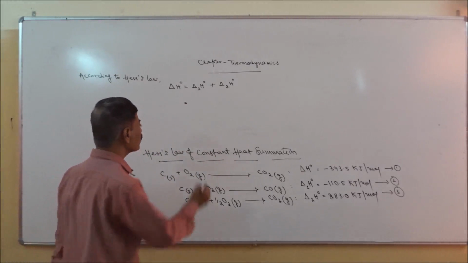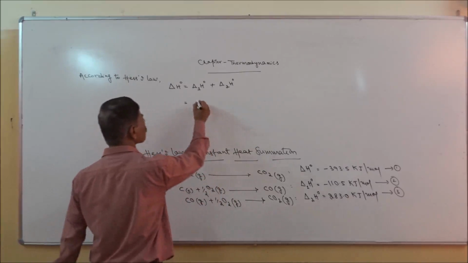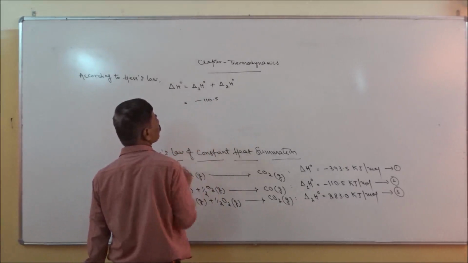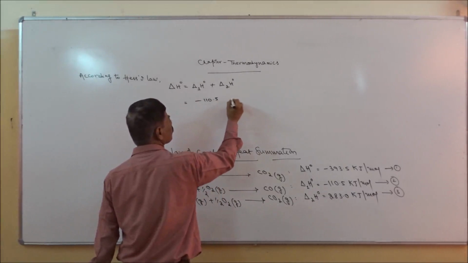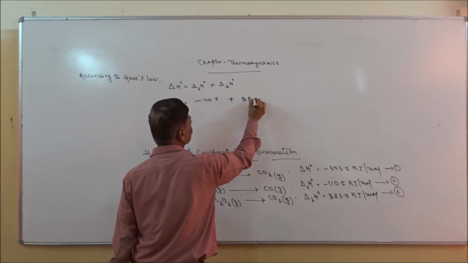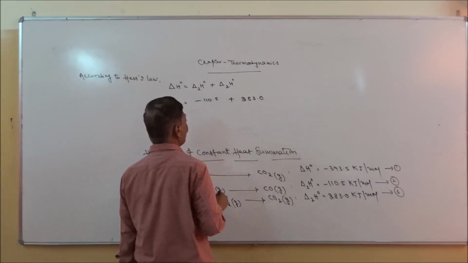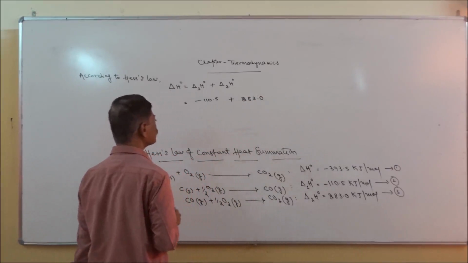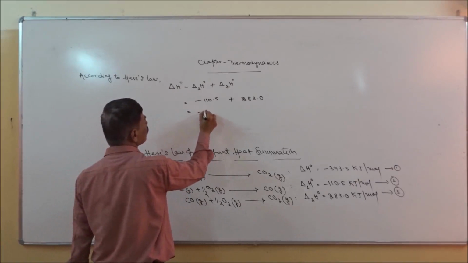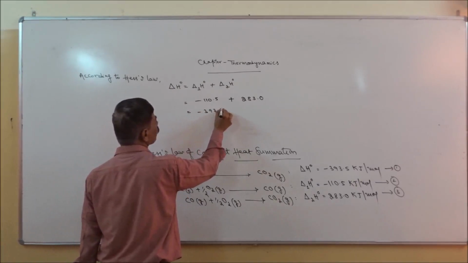Delta 1 H naught is minus 110.5 kilojoules and delta 2 H naught is equal to 283.0 and this is equal to minus 393.5 kilojoules per mole.